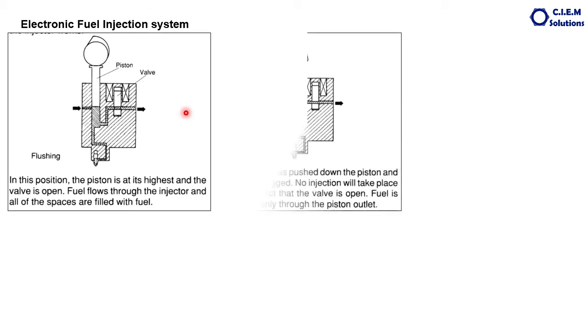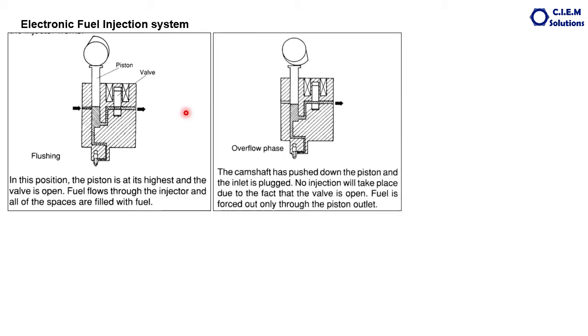The fuel coming from the transfer pump fills all these places. This is the injector plunger. These places are filled and this valve passage is open. The fuel oil, after filling all these vacant places, will freely go to the tank. This is called the flushing stage, the overflow phase.